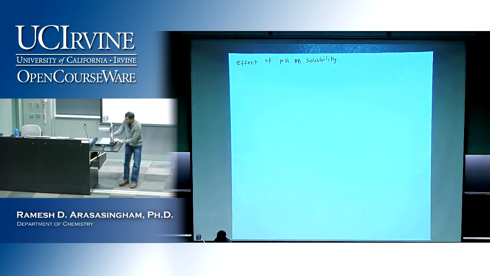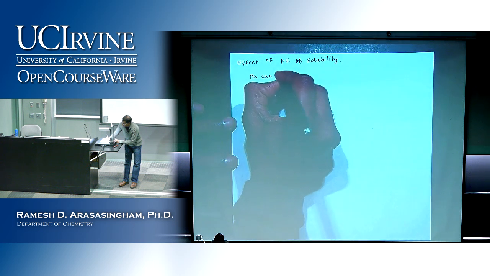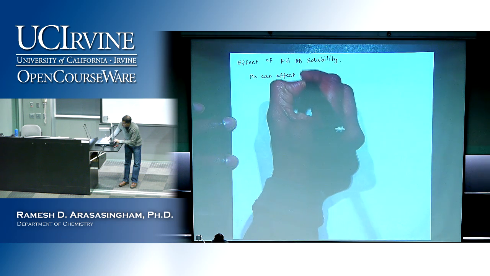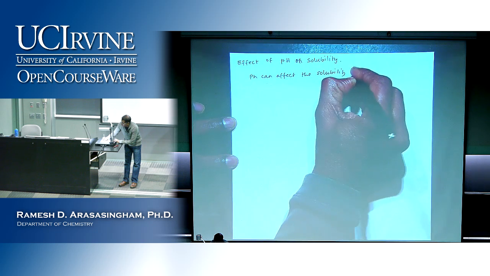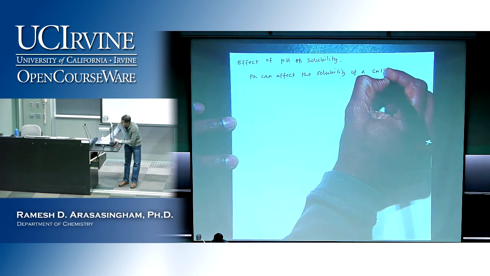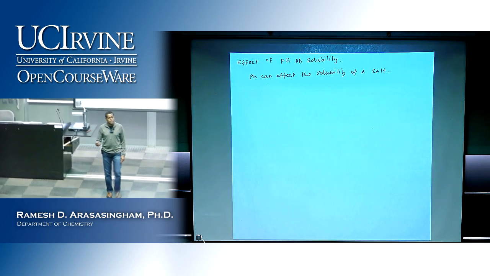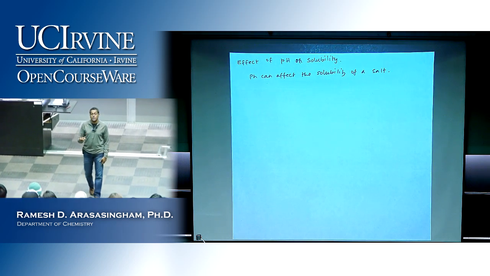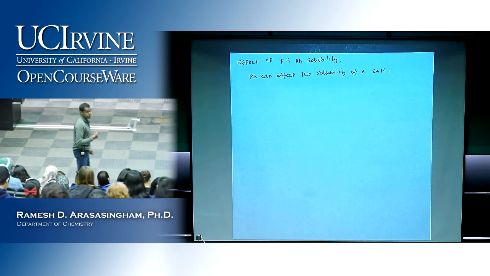So, pH can affect the solubility of a salt. It turns out it depends. All right, sometimes it does, sometimes it doesn't, and we're going to look at examples where the pH affects solubility.